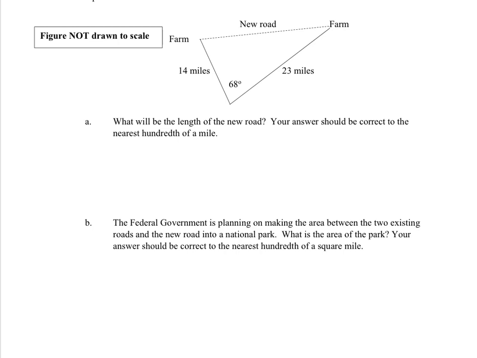Law of sines is a ratio, and if I was finding a missing angle, I would need to know 2 sides and 1 angle. But unfortunately, I'm looking for a missing side, so I would need to know another angle, and I don't have that. So I'm going to have to use the law of cosines. Remember that I'm looking for the nearest hundredth of a mile. So we're going to use the law of cosines.